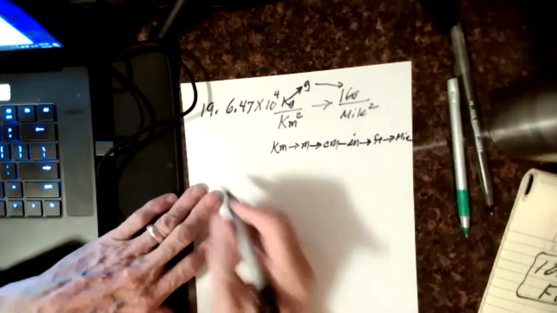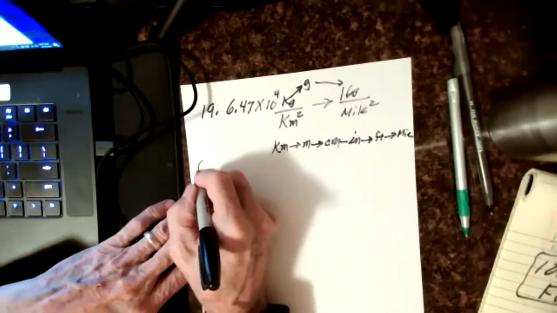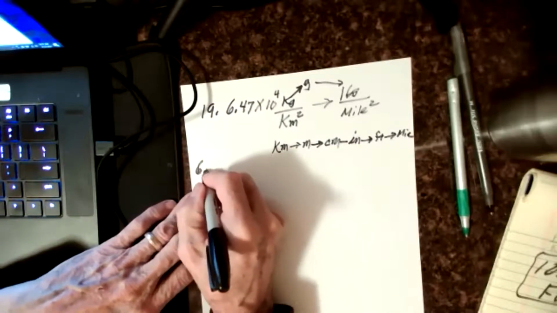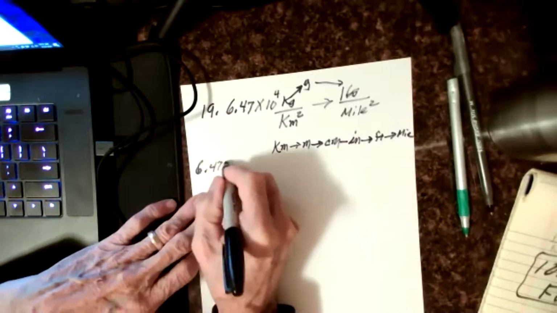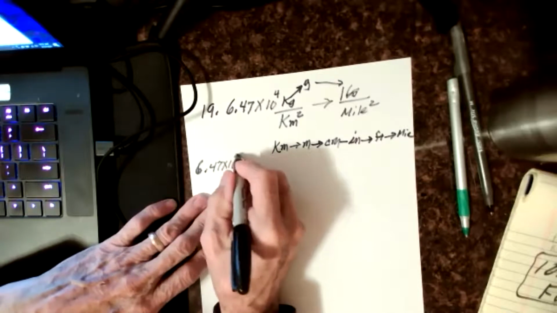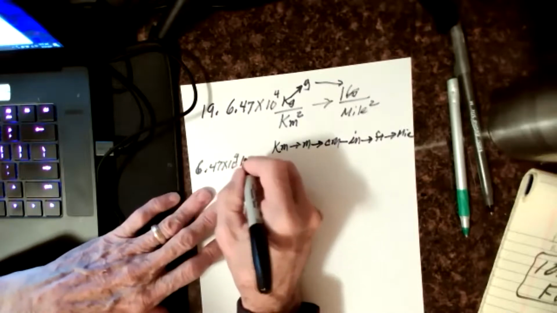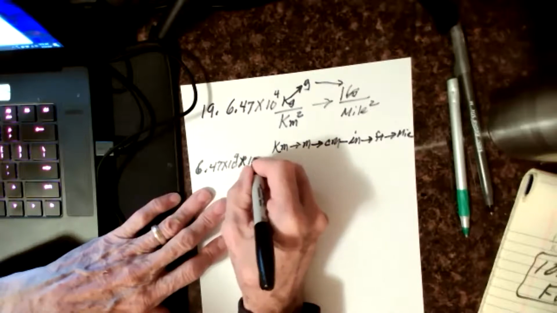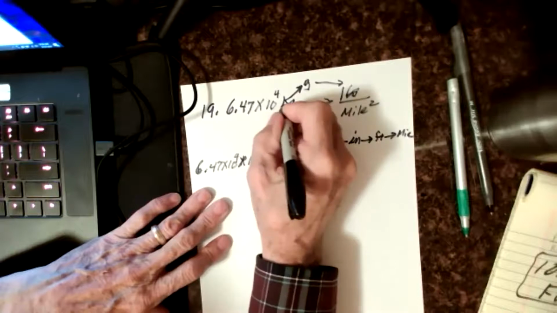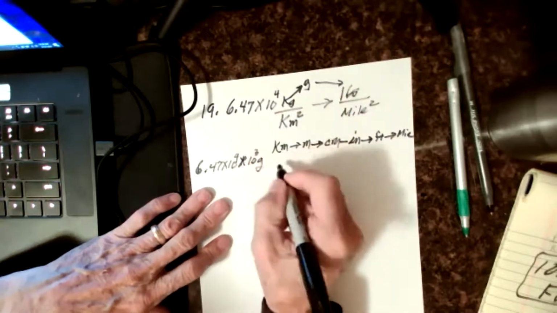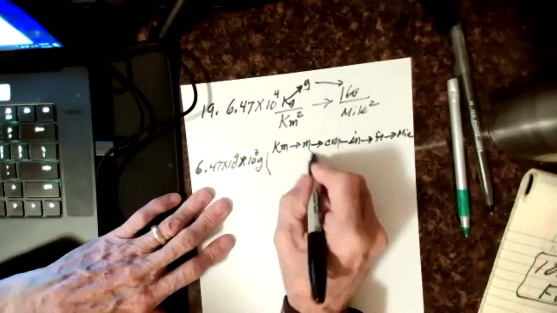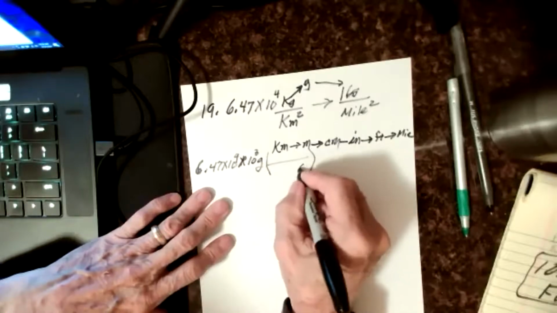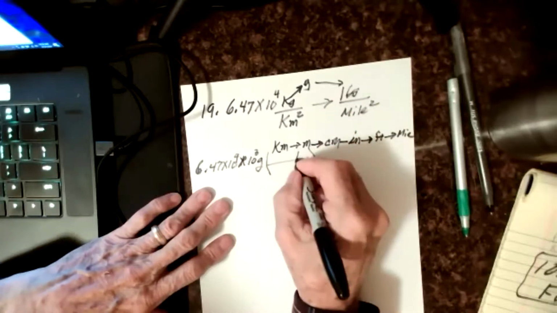Okay, so let's string it out. Here we go. 6.47 times 10 to the 4th. Kilograms, I'm going to change that times 10 to the 3rd. Got rid of kilo, and now that's grams. Now, I want to go from grams to pounds.